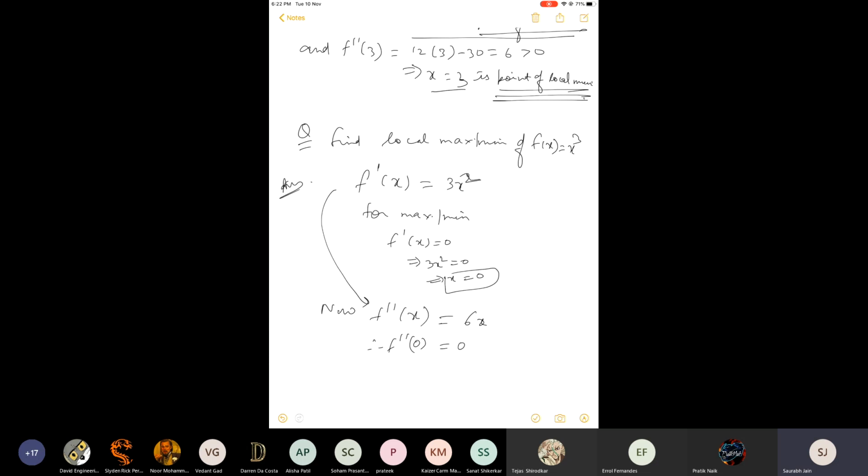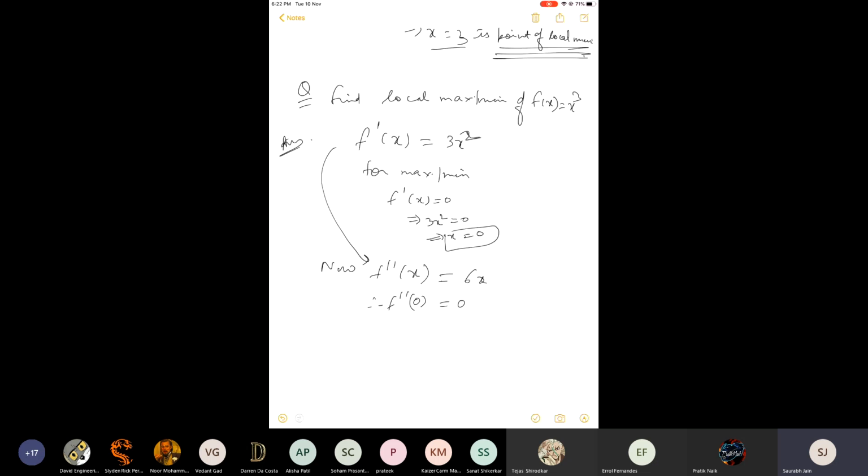Now, the second derivative is 0. Since the second derivative is 0, it is not positive or negative. Therefore, we will find the third derivative. And the third derivative is 6, not equal to 0. So if you remember, this means x equal to 0 is neither maxima nor minima. In fact, it is a point of inflection.